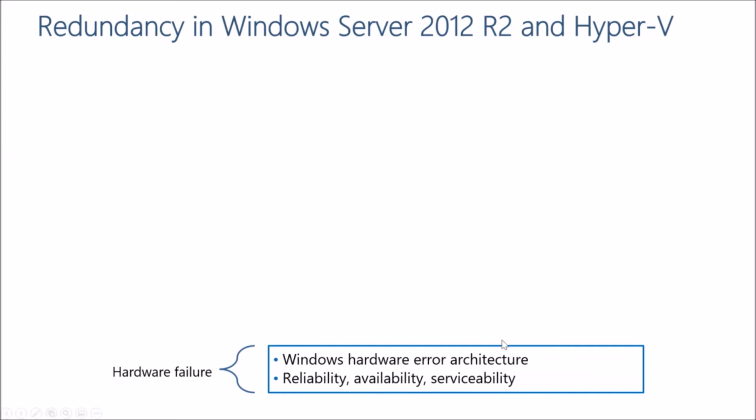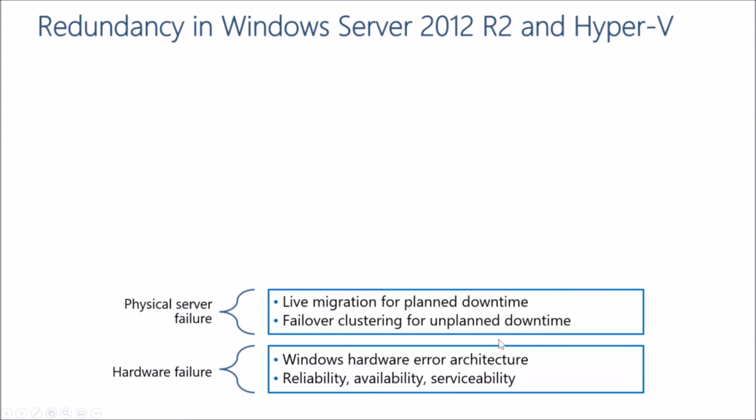What can we do with physical hardware failures? For physical server failures, we have live migration for planned downtimes, and failover clustering for unplanned downtime. We'll talk more about what these things can do in later slides, but live migration and failover clustering.